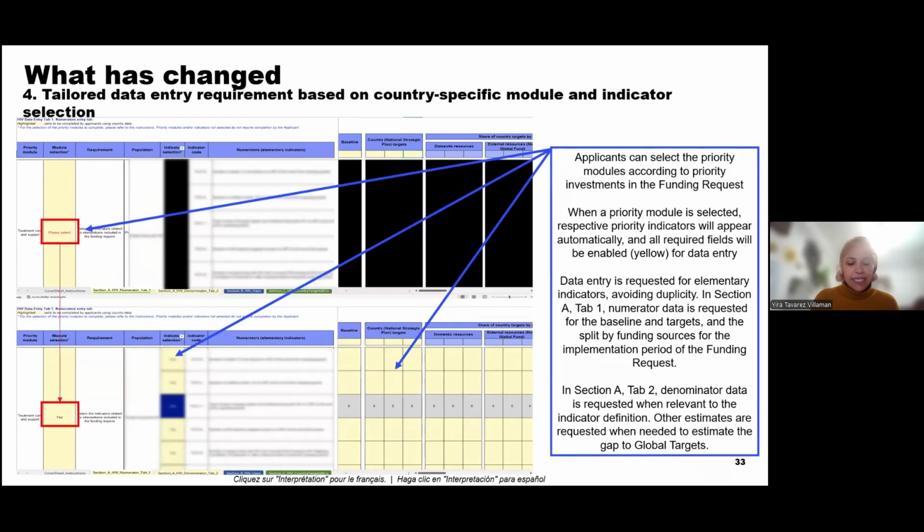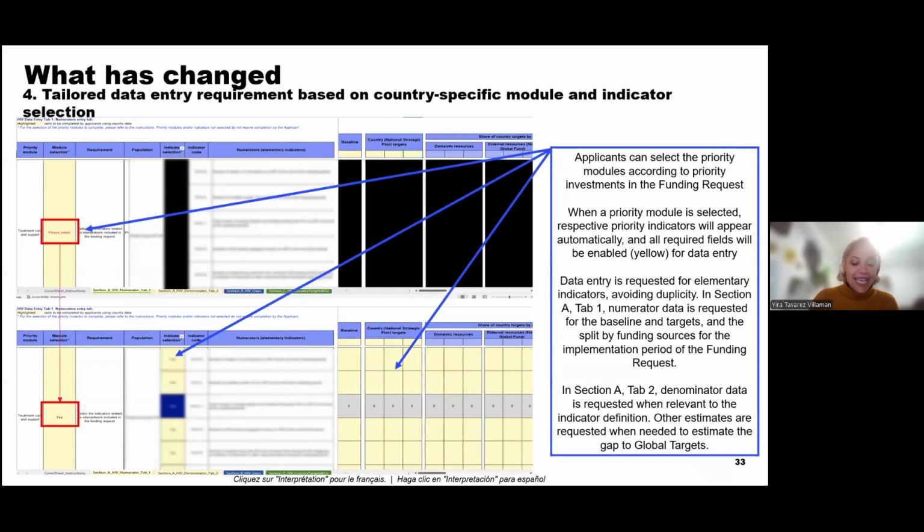Another enhancement in the GC8 PGTs is that data entry will be provided for elementary indicators. Hence, Tab 1 of Section A contains numerator data, and Tab 2 of Section A contains denominator data. Module and indicator selection can only be done in one tab, which is the Section A, Tab 1 for the numerators. The data entry fields are only enabled after the selection of the priority modules.